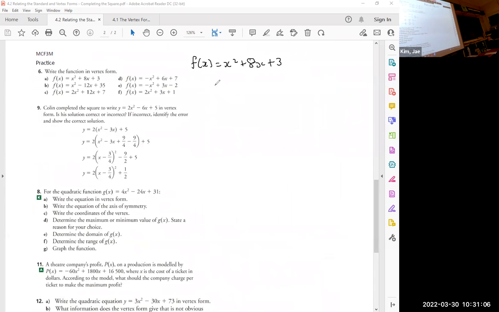Great. First step. Look at the sheet in front of you. What did we do as our first step to manipulate this function?